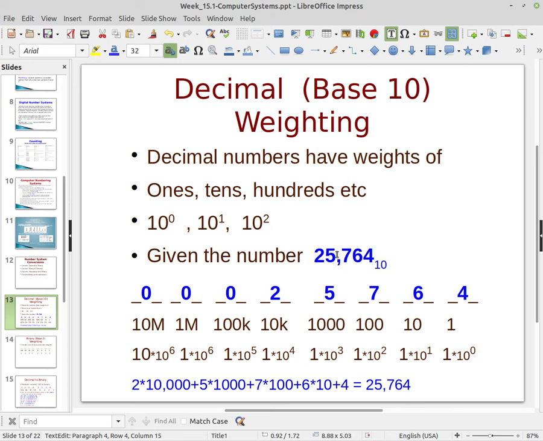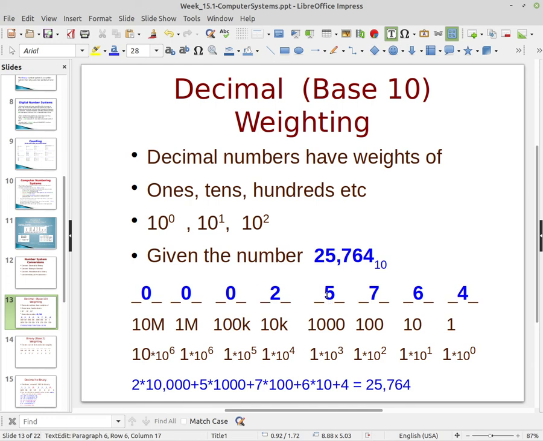So 25,764 base 10. What that's saying is that we have 4 in the ones column, 6 in the tens column, 7 in the hundreds column, 5 in the thousands column, and 2 in the 10,000s column.